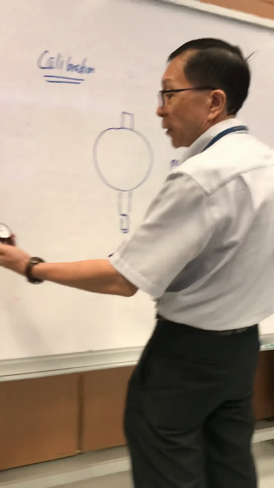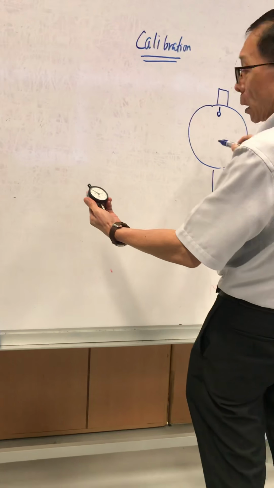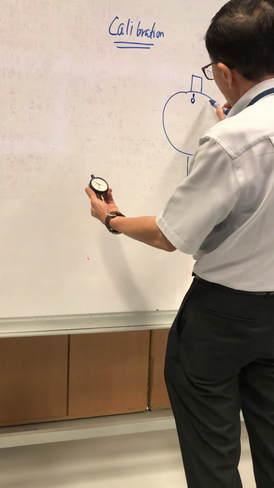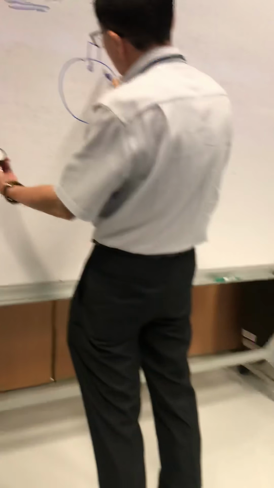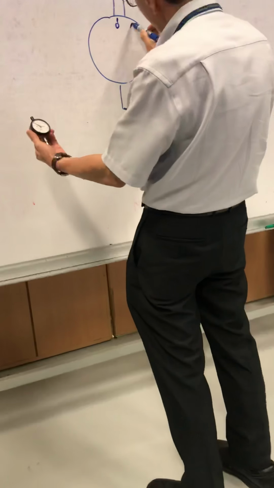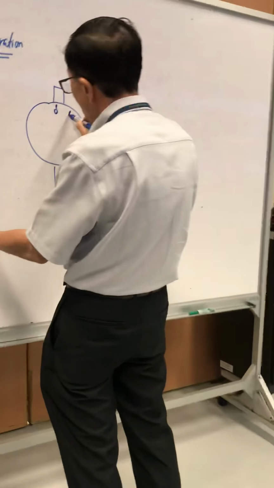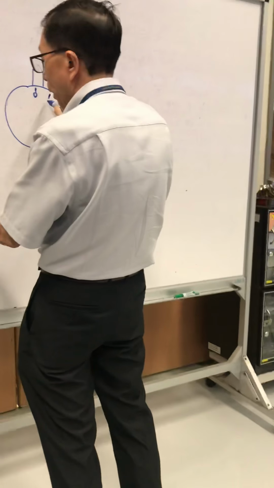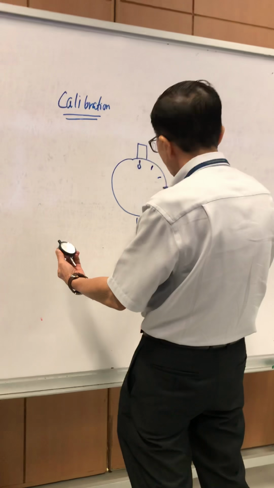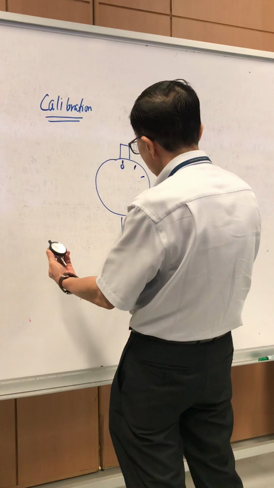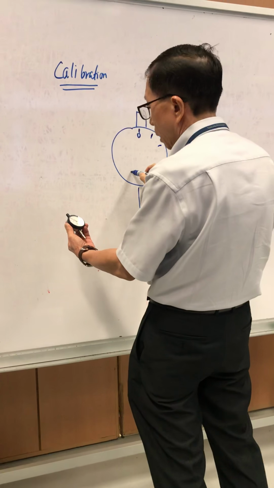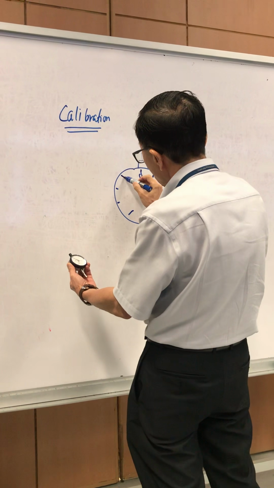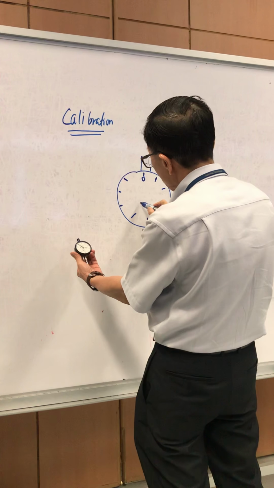Okay, so it starts from 0 here. One round is 1 mm. One division is 10 micron. 5 divisions will be 0.5. Here is 10 micron, 20 micron, 30, 40, 50 micron, 60, 70, 80, 90, 1 mm, and there's a counter here.